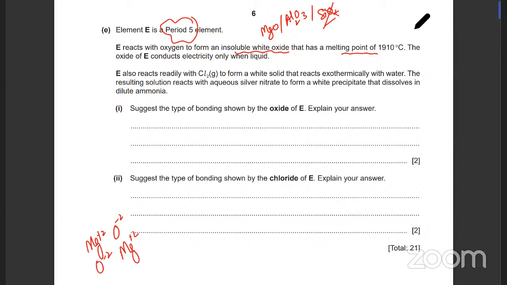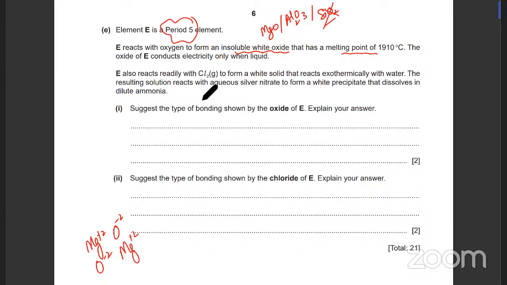That's the next one. E also reacts readily with Cl2 to form a white solid that reacts exothermically with water. SiO2 is actually white. The reason I excluded SiO2 was that it's not going to conduct electricity.